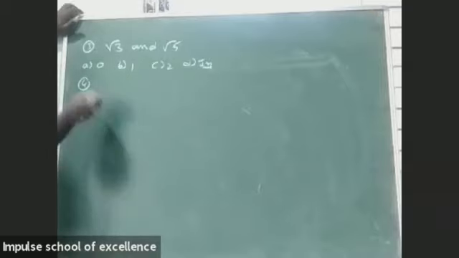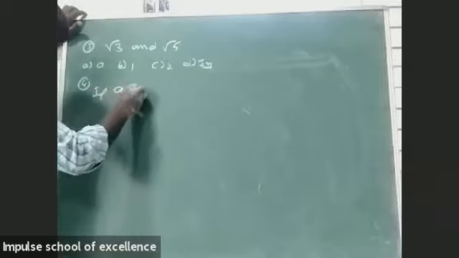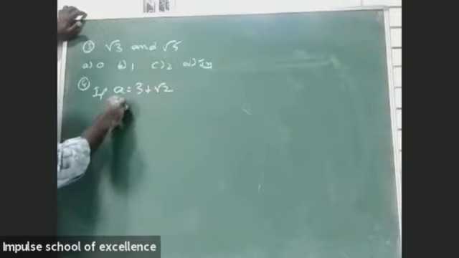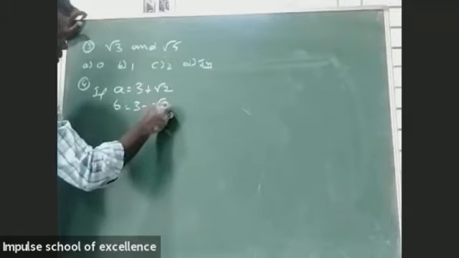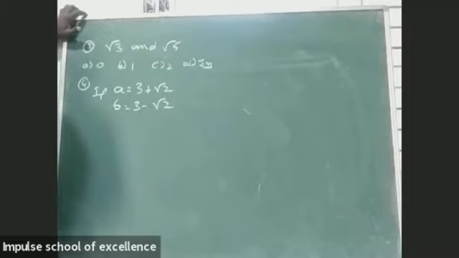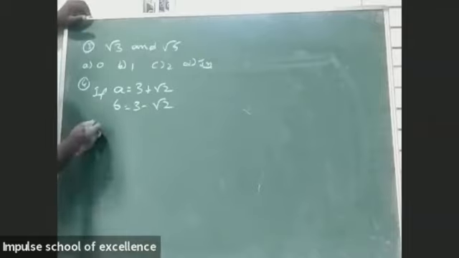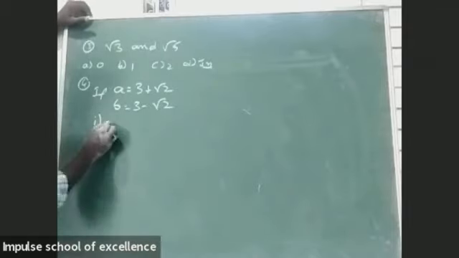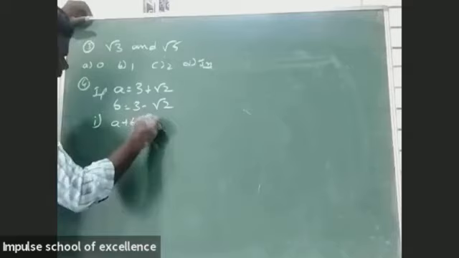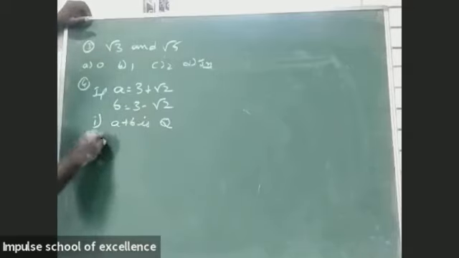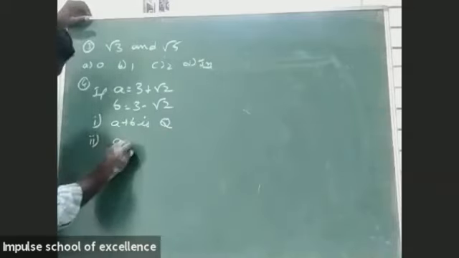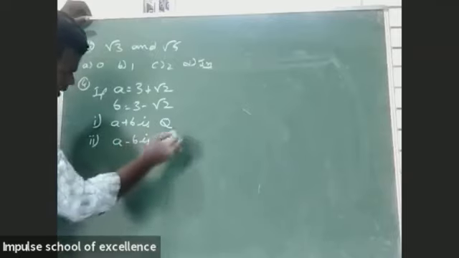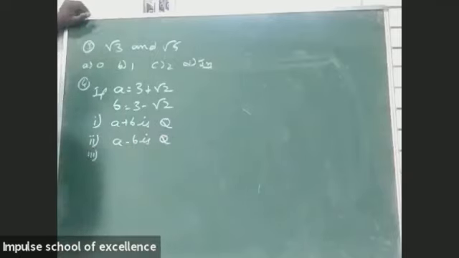If A is equal to 3 plus root 2, B is equal to 3 minus root 2, then option 1, A plus B is a rational. Option 2, A minus B is a rational. Option 3, A into B is a rational.